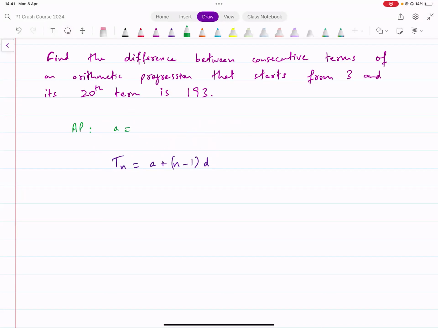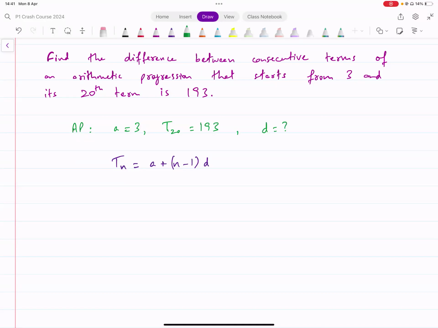The value of a, the first term, is 3. And the 20th term, that means T20, equals 193. This is the information that we're given in the question. And what we're looking for is the value of d.